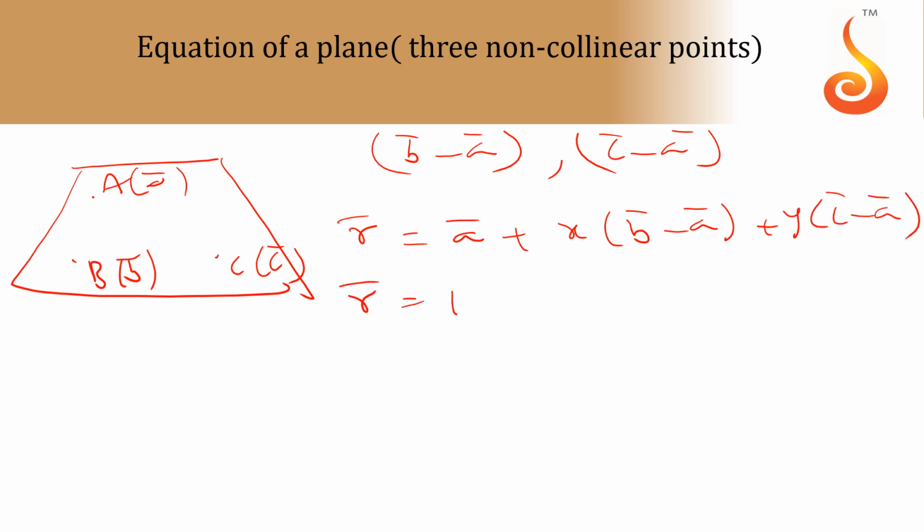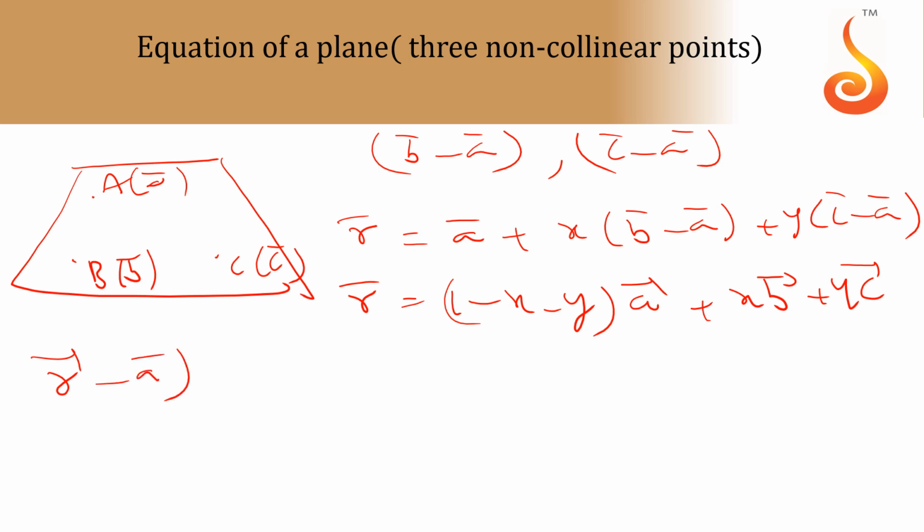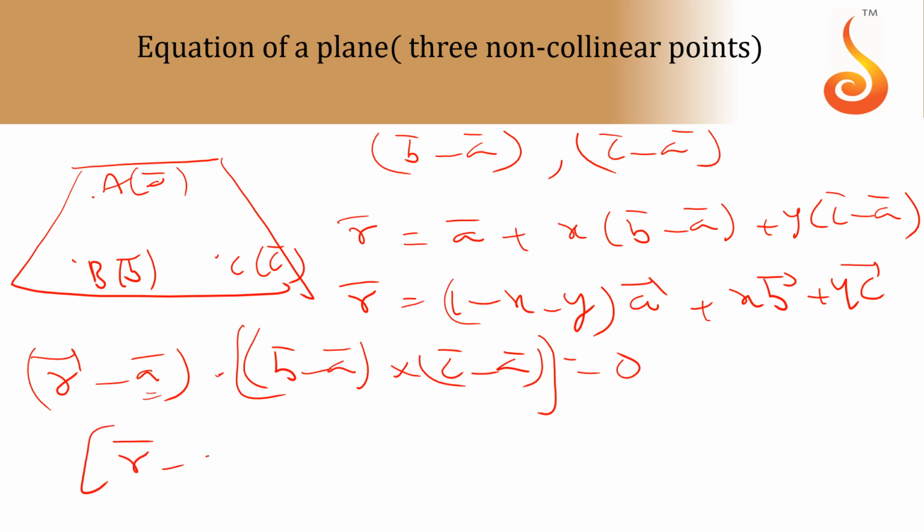So R bar equals 1 minus X minus Y into A bar plus X B bar plus Y C bar. See, this is called parametric form. Similarly, you can write R bar minus A bar, in place of A bar you can use any one point, dot B bar minus A bar cross C bar minus A bar equals 0. This is nothing but box R bar minus A bar, B bar minus A bar, C bar minus A bar equals 0.